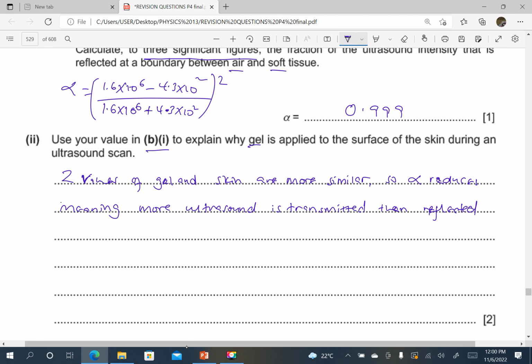The intensity reflection coefficient becomes smaller since the difference is very small. A small difference in Z values implies more transmission than reflection.